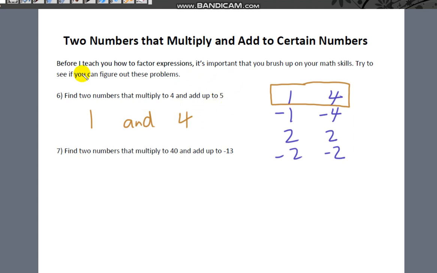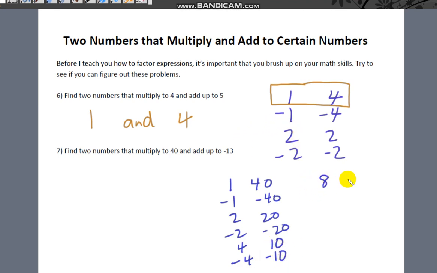Okay. Next one. Find two numbers that multiply to 40 and add up to 13. Make a nice little list. 1, 40, negative 1, negative 40, 2, 20, negative 2, negative 20. Let's see, 4, 10, negative 4, negative 10. We'll go 8, 5, negative 8, negative 5, and hopefully that's all of them.